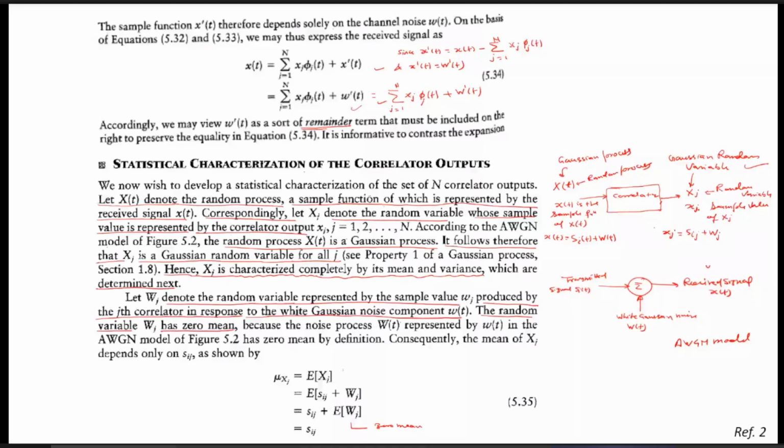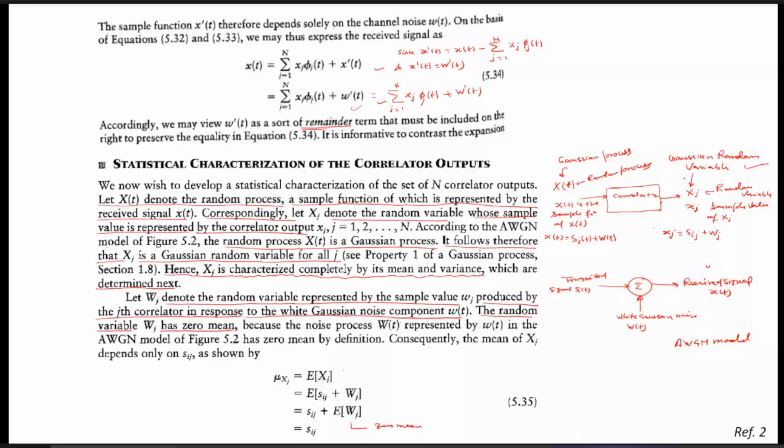Now let us calculate the mean and variance so that we can completely define this output random variable of the correlator. The mean is the expected value of x j, and since x j is s ij plus w j, the expected value of s ij is s ij only, since it is a constant, plus the expected value of w j.